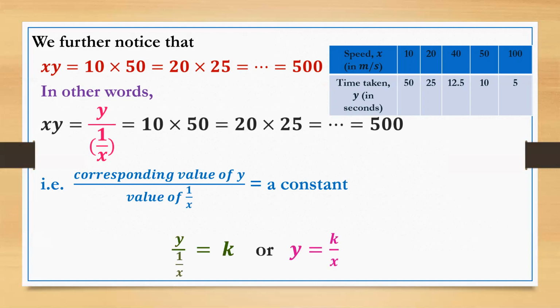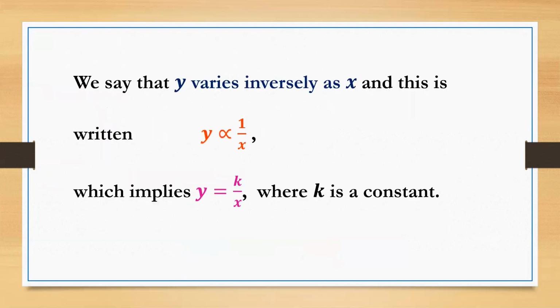We can write it as y divided by 1 over x equal to k, or simply y equal to k over x. So we can say that if y varies inversely as x, this would imply y equal to k over x, where k is a constant.